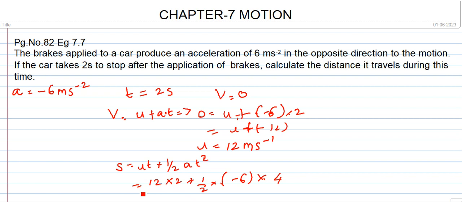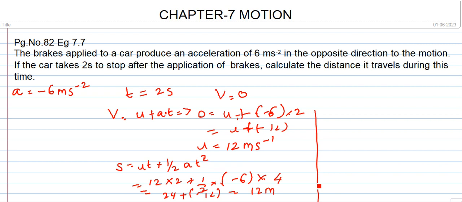So what do we have? We have 24 plus of -12, which is 12 meters. So the distance travelled will be 12 meters.